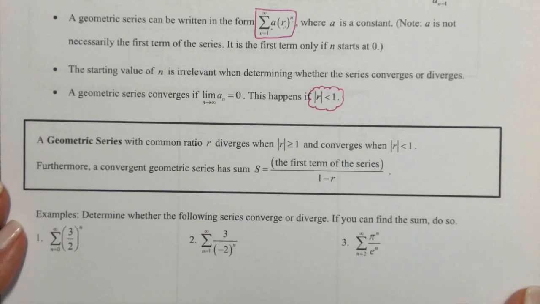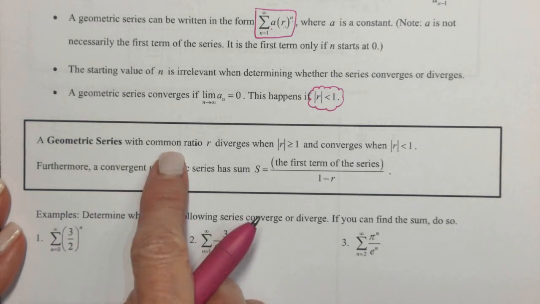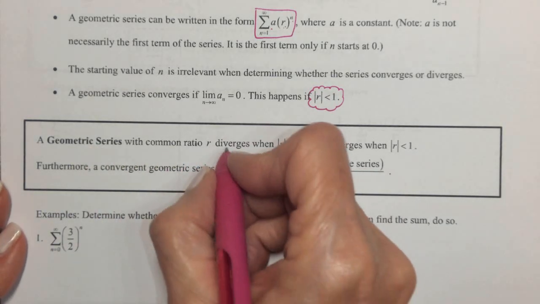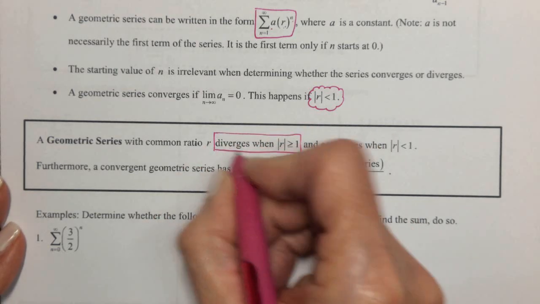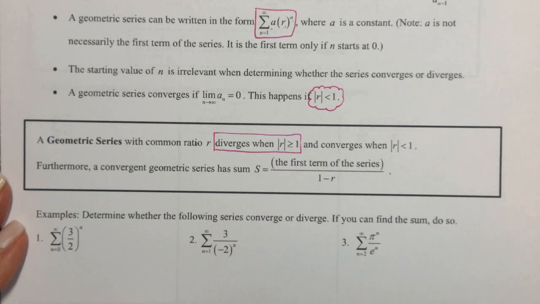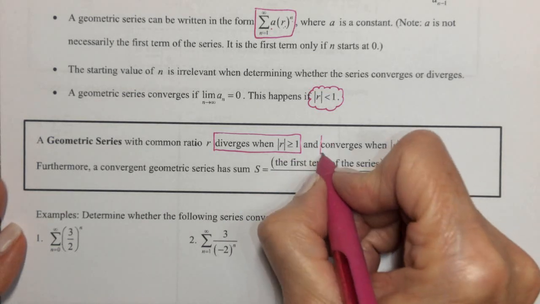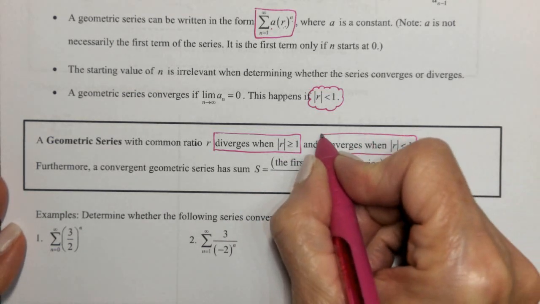So here is the geometric series test. A geometric series with common ratio r diverges when the absolute value of r is greater than or equal to 1, and converges when the absolute value of r is less than 1.